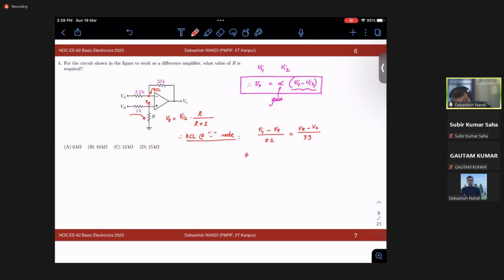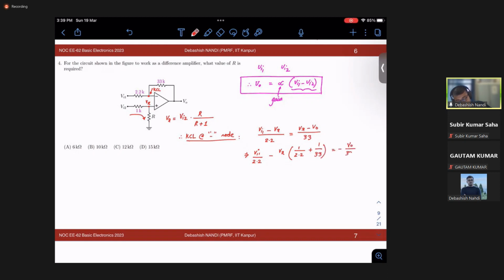So your Vi1 over 2.2 minus Vx times 1 over 2.2 plus 1 over 33 equal to minus V0 by 33.